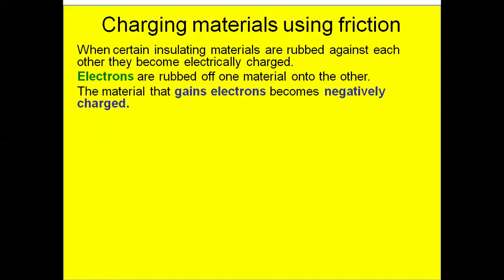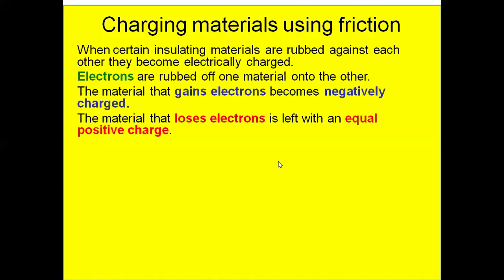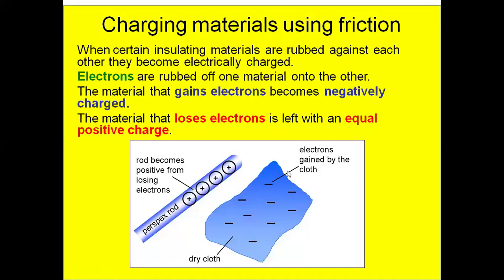The material which gains electrons becomes negatively charged, whereas the material which loses electrons becomes equal and opposite, that is positive charge, because there will be a lack of electrons in that material. So here the perspex rod, which is rubbed against the cloth, loses electrons to the cloth, causing it to become positively charged, whereas on gaining electrons, the cloth becomes negatively charged.